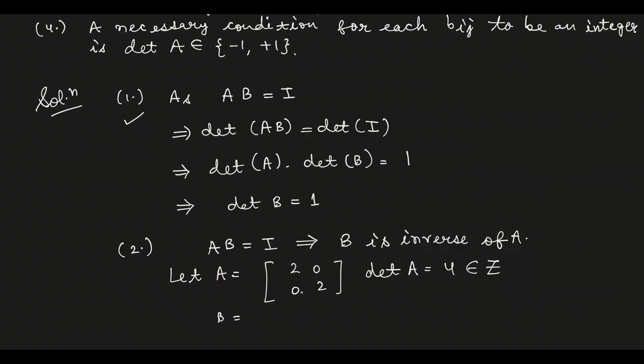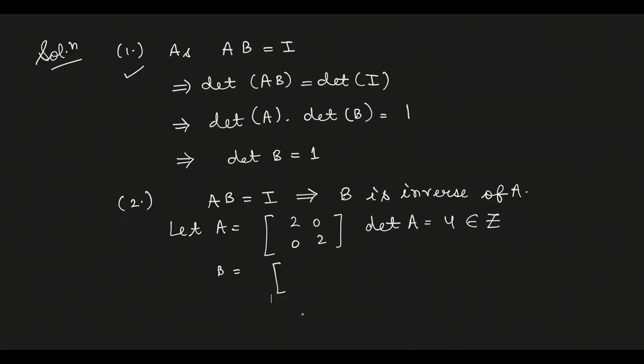B matrix will be its inverse, which is [[1/2,0],[0,1/2]]. Clearly we can see that entries of matrix B do not belong to integers. So option 2 is wrong.